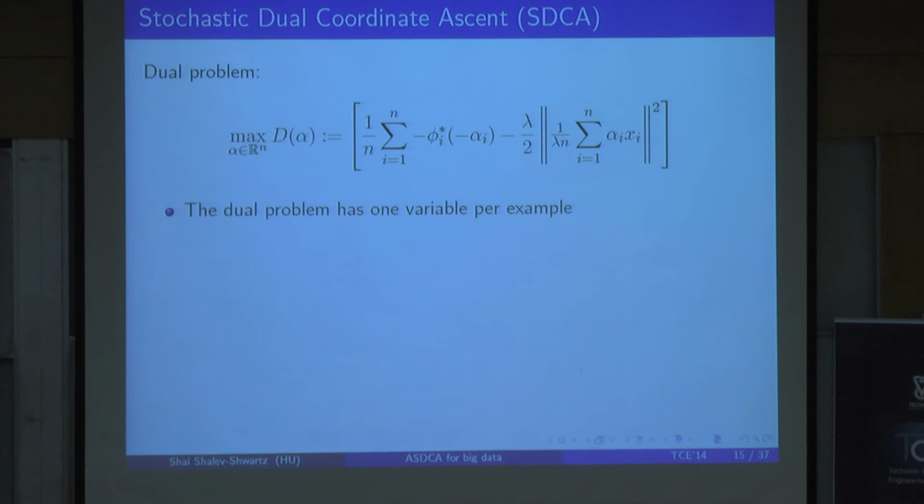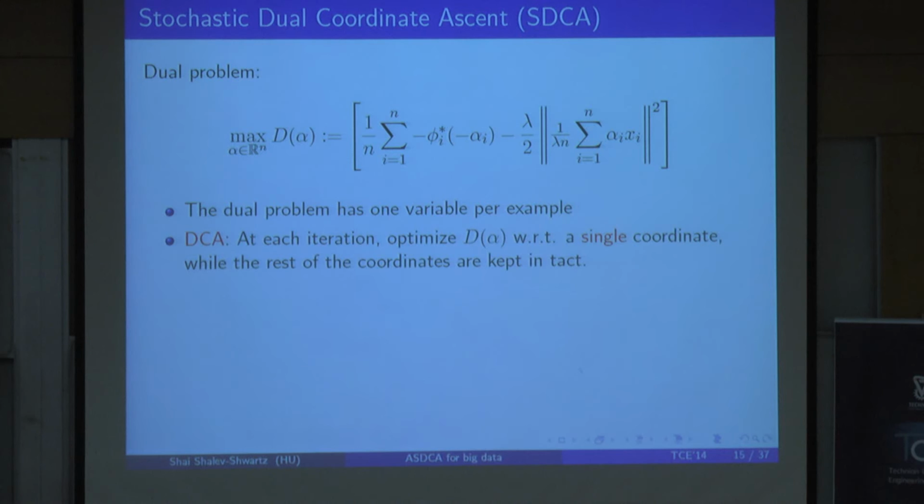So the first summand in the dual objective is decomposable into different variables. The only coupling of variables happens at the second term, and there the coupling is very simple. It's just taking a linear sum of examples using weights alpha i and taking the square norm of it. So this form is very convenient for optimization.